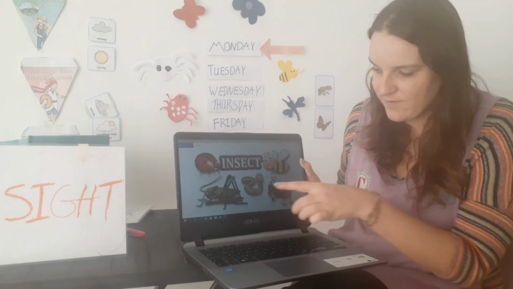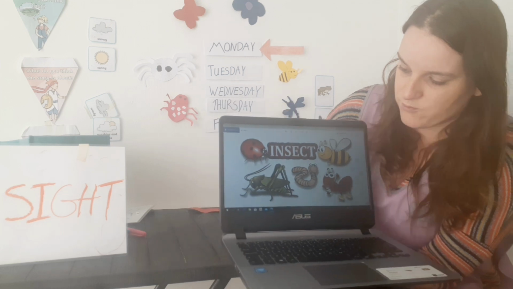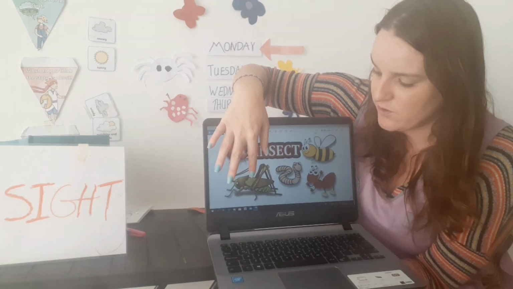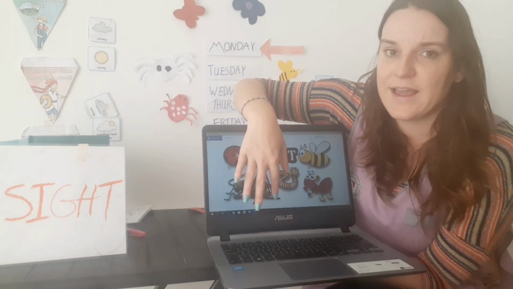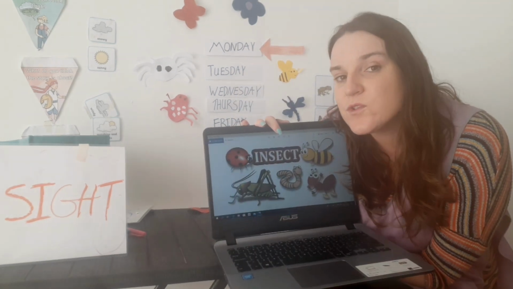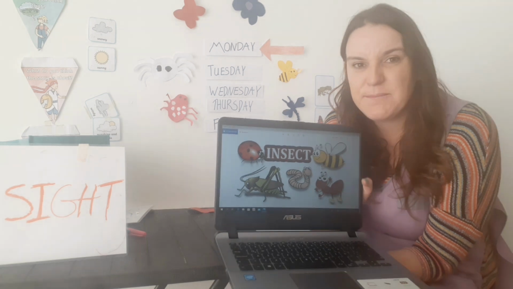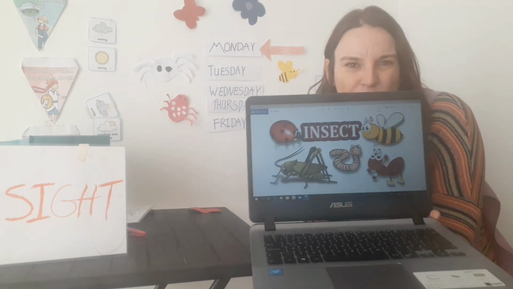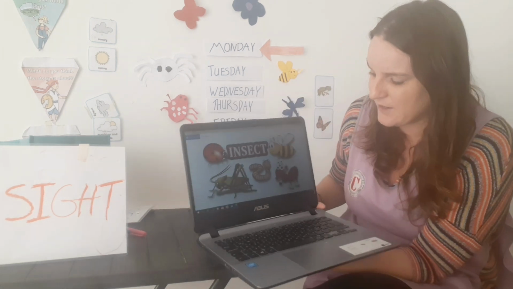So here we have a grasshopper. Can you see a grasshopper? So a grasshopper has different types of legs. So more than the amount of legs, we also see different shapes and different ways legs are formed. Look at the grasshopper, they have different legs.